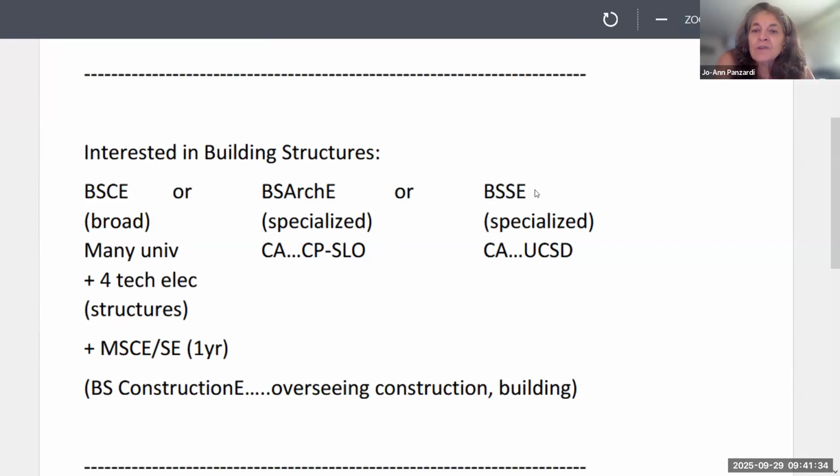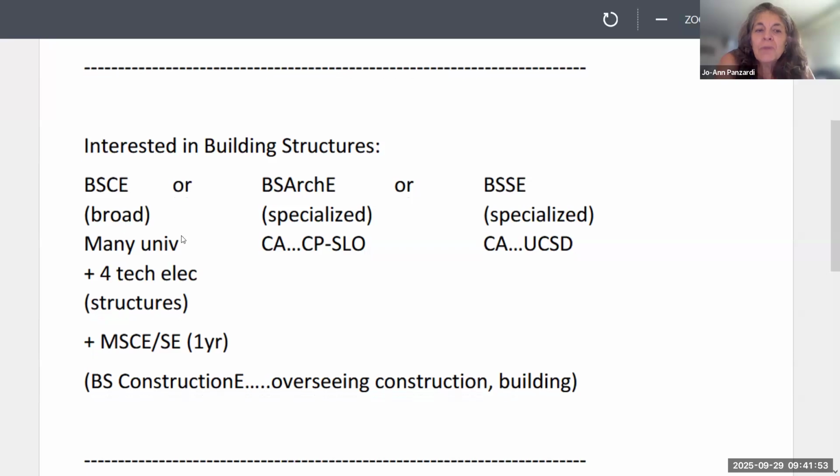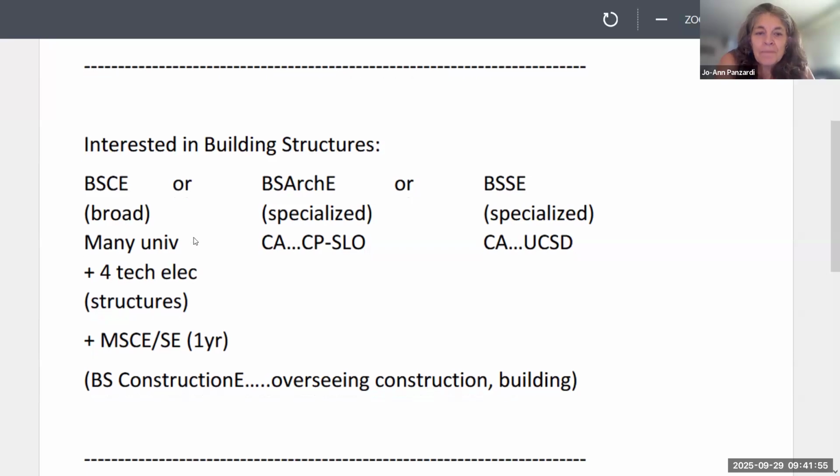And you could get a bachelor's degree in structural engineering, which is more specialized. And you notice a BS in architectural engineering in California, the only school that offers it is Cal Poly, San Luis Obispo. Bachelor's degree in structural engineering, the only university in California that offers it is UC San Diego. But for the broad degree of BS civil engineering, there are many universities that offer it.